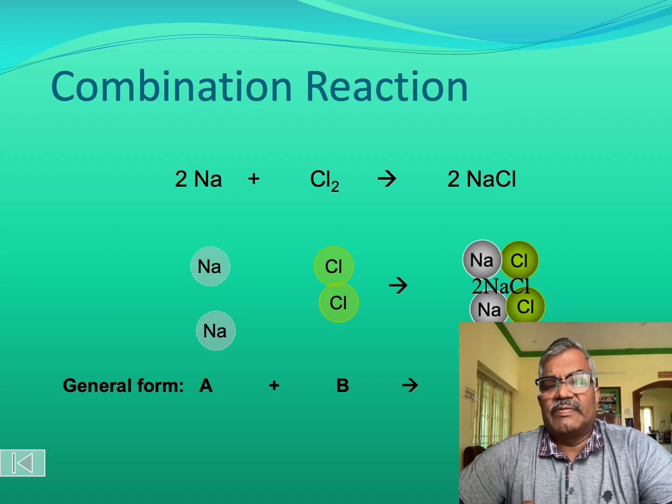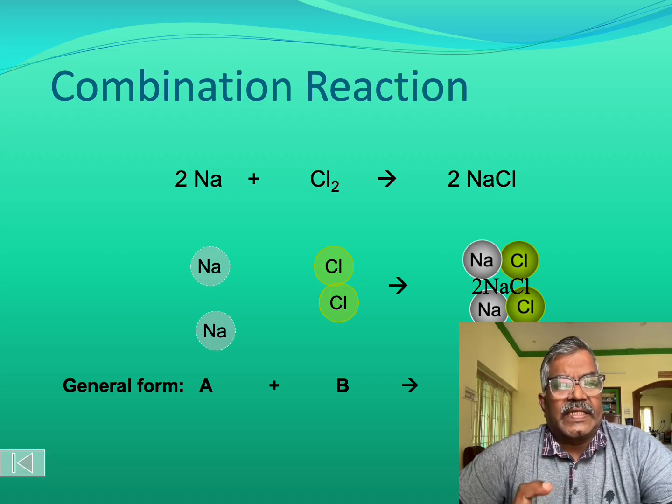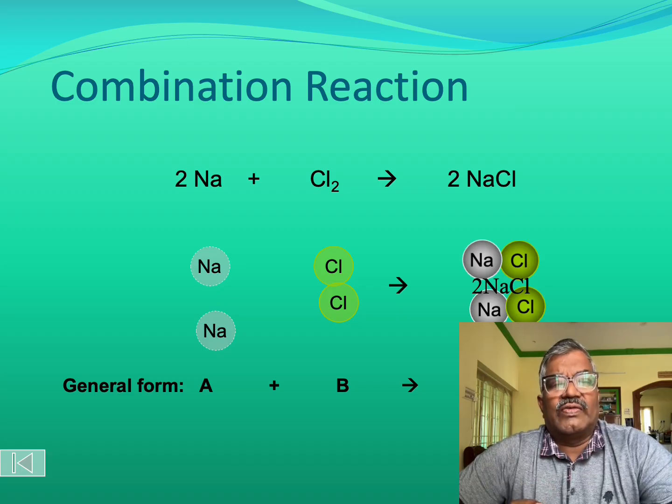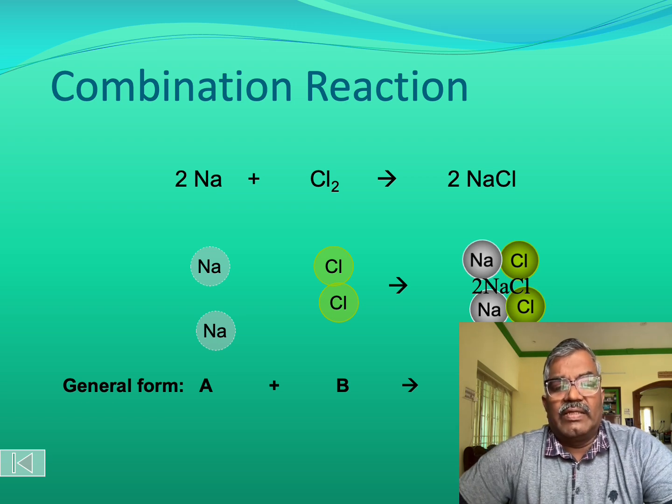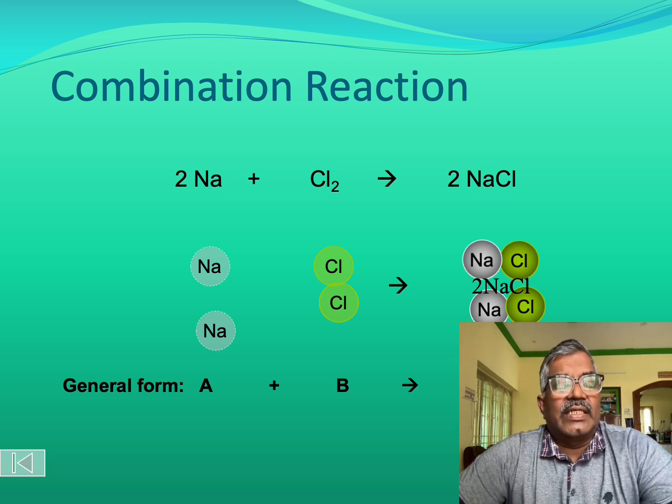In the previous video I explained that a chemical reaction involves bond breaking and new bond formation. Here you can clearly see a chemical reaction, and this reaction is known as a combination reaction.